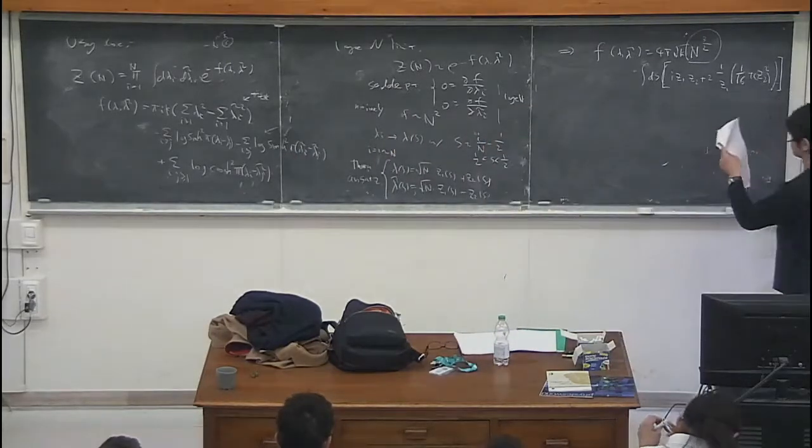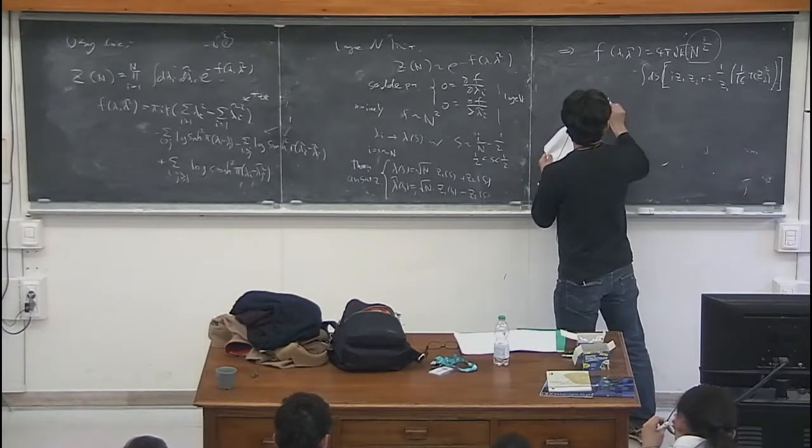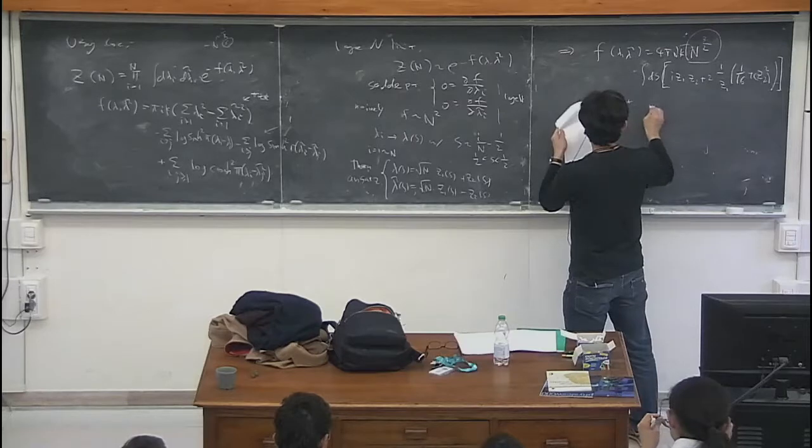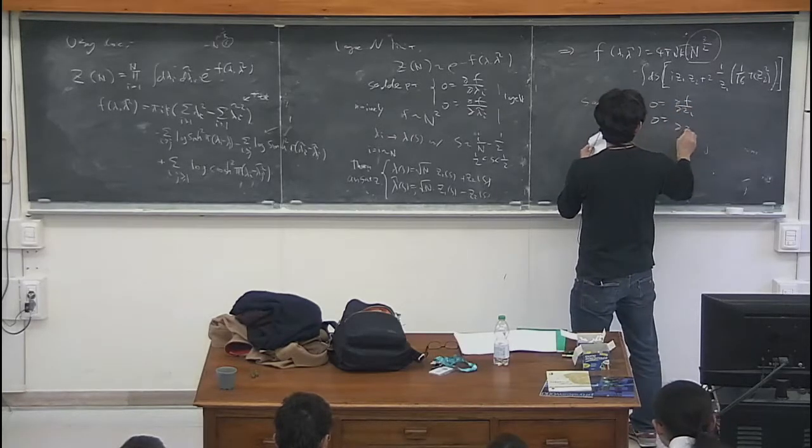And then the saddle point equation is 0 equals dF/dz1 and 0 equals dF/dz2.